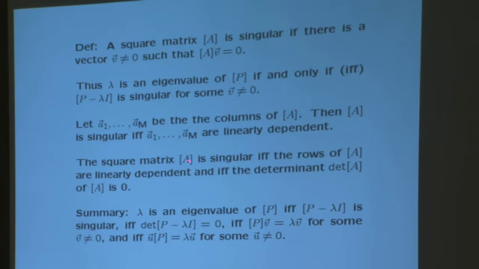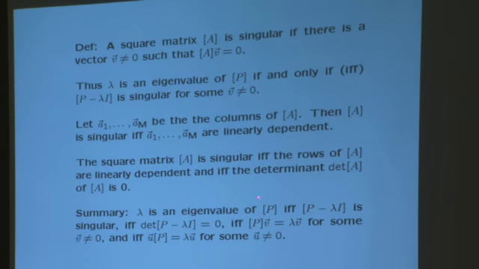So the square matrix A is singular if and only if the rows of A are linearly dependent. We said columns here. Here we're doing the same thing for rows. It still holds true. And one new thing, if and only if the determinant of A is equal to 0. One of the nice things about determinants is that determinants are 0 if and only if the matrix is singular.